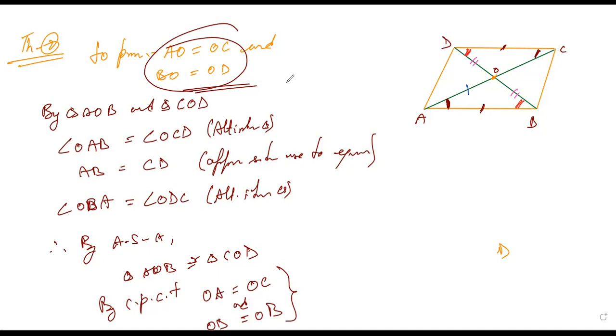Another theorem which is given in your book is: if a pair of opposite sides of a quadrilateral are equal and parallel, then it is a parallelogram. Okay, so here we need to prove that a given quadrilateral is a parallelogram. So how can we go for that one?